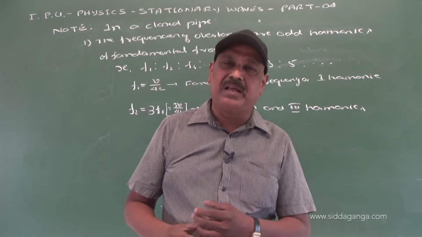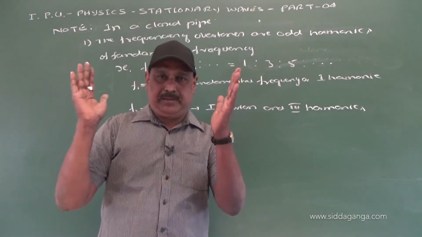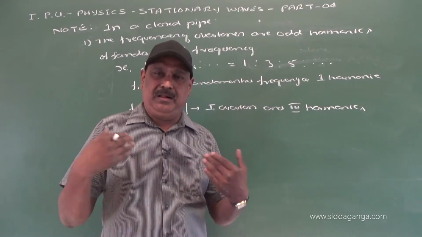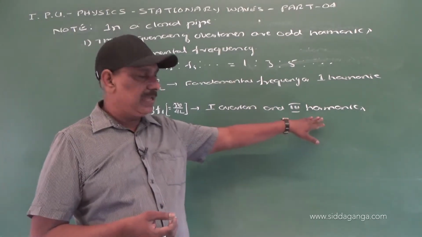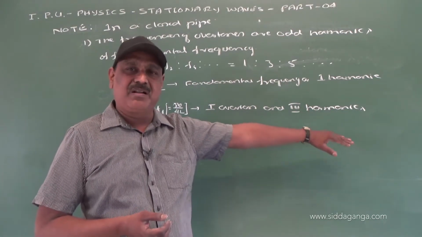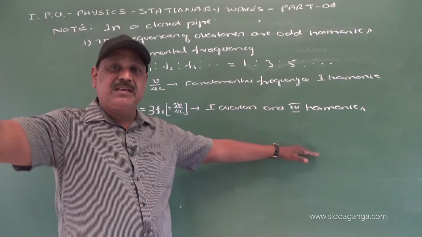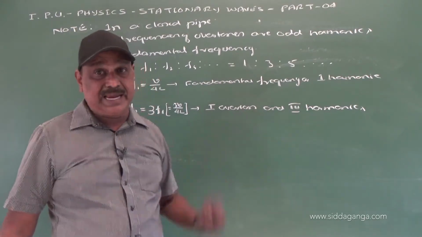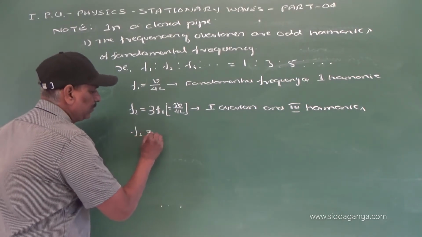In some numerical problems, they will say a closed pipe is vibrating with the first overtone, or it may be given as the third harmonic. Third harmonic means it is the first overtone. But in case of open and closed pipe, third harmonic means second overtone. Remember that one.